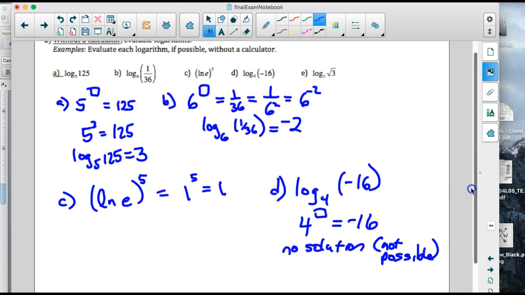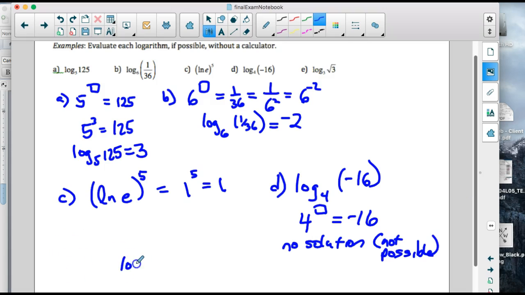Okay, and then part E, it says log base 3 of the square root of 3. So basically you have 3 to some power equals the square root of 3. Well, we have the same base here, 3. We just need to know what exponent gives the square root, because that's what we're looking for, the exponent.